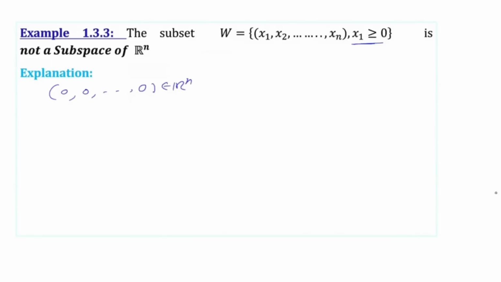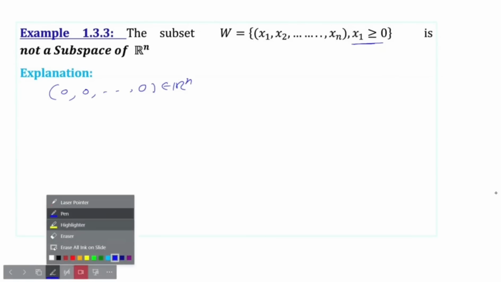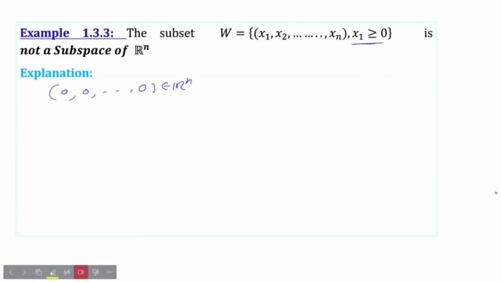Since x1 equals 0, clearly the first entry can be 0, and the other entries x2, x3, xn are any real numbers, so they can be 0. So 0, 0, 0, which is the zero of the vector space Rn, can be a member of W.